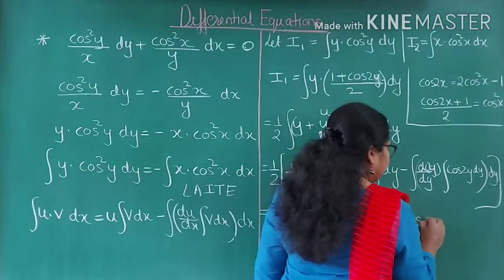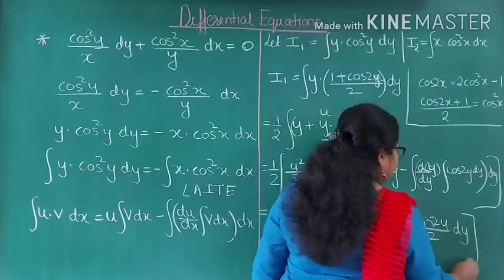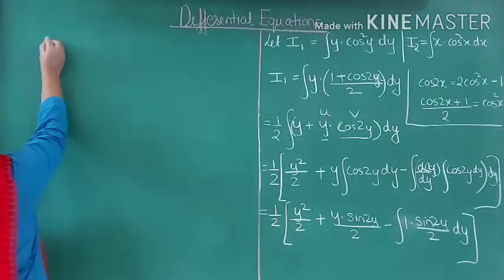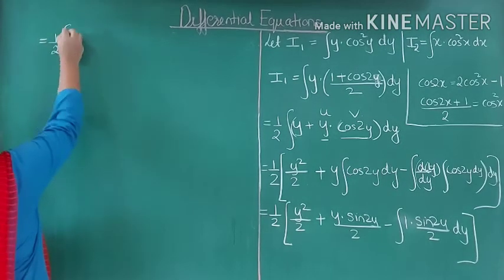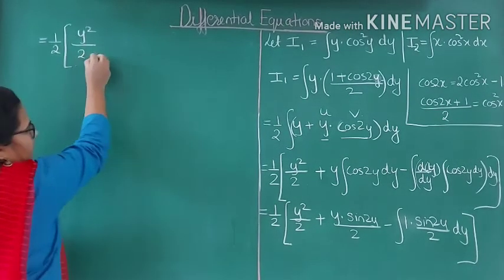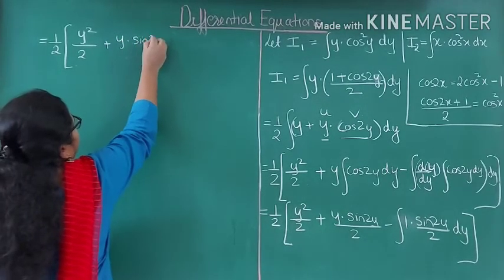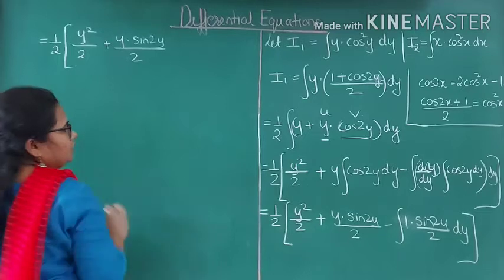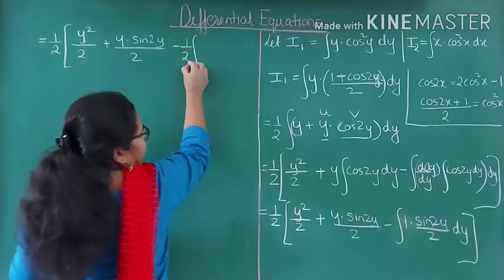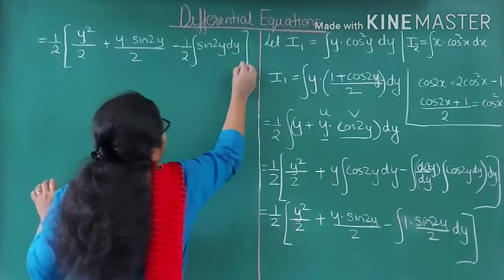So this will become sin 2y upon 2 into dy, close the bracket. Now we will move ahead. So 1 by 2 as it is outside the bracket, y square by 2, then y into sin 2y upon 2, then minus 1 by 2 we can take outside, integration of sin 2y dy, close the bracket.